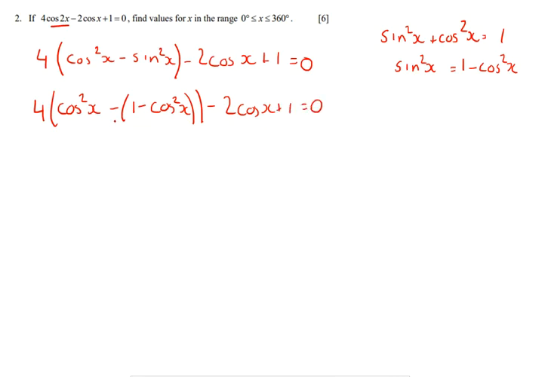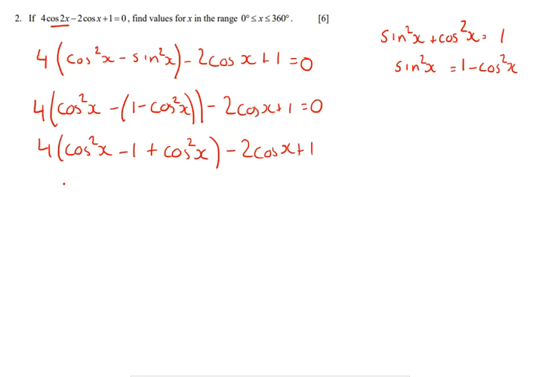So now we've got a bit of sorting out to do, and just be careful of all these negatives. 4 open bracket cos squared x minus 1 plus cos squared x, minus 2 cos x plus 1.